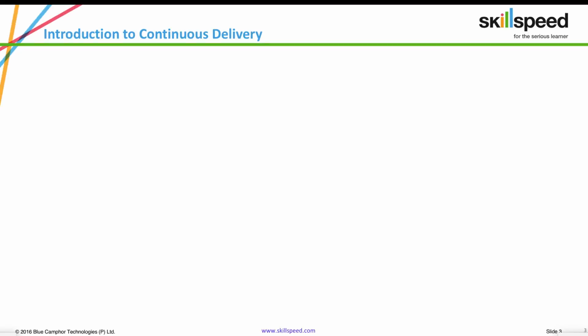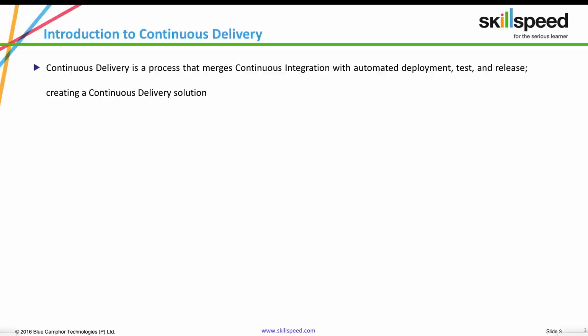So continuous integration gives way to continuous delivery, which is the next step in the pipeline. It's a process that merges continuous integration with automated deployment, tests and release, creating a continuous delivery solution. So basically you have multiple steps involved in continuous delivery, and it takes over from continuous integration.